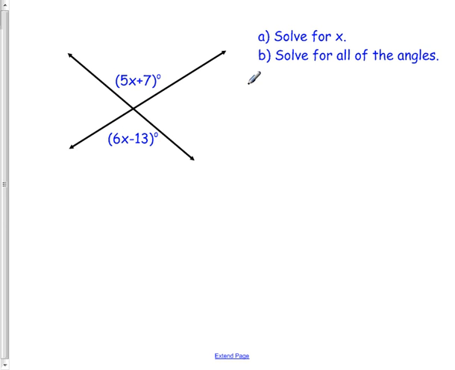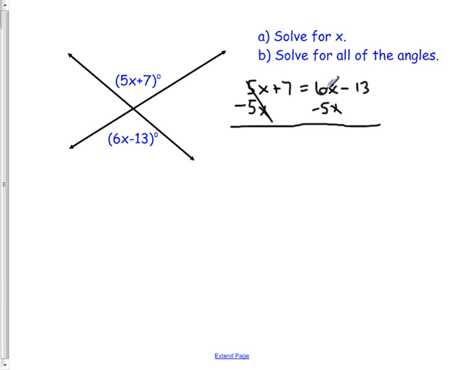We're going to write 5x plus 7 equals 6x minus 13. Okay, and now we just solve this equation. Minus 5x from both sides. And there's more than one right way to do this for sure.